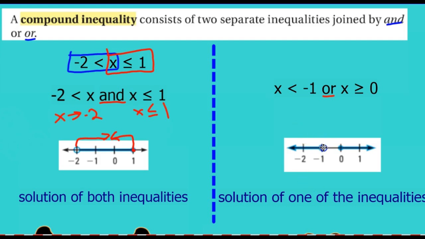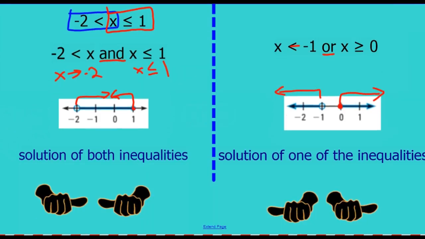X is less than -1, so it's pointing to the left, and x is greater than or equal to 0, so closed circle pointing to the right. Now x could be anything that is less than -1, or anything that is greater than or equal to 0. Again, our thumbs, if we were to put those on there, would be pointing in opposite directions for an "or" inequality.